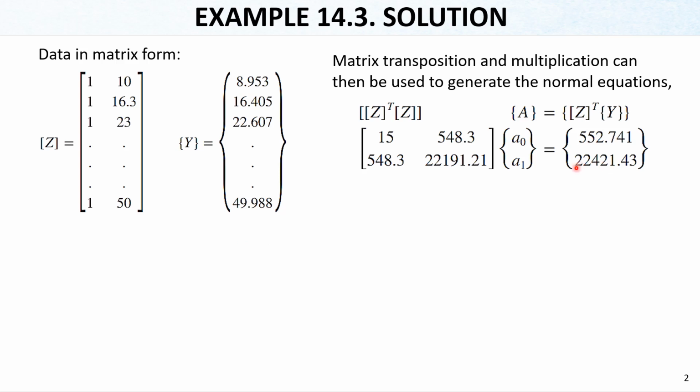When you multiply them, you will obtain these two only. Because this is a two-row matrix, when you have the transpose, you multiply the first row with Y to obtain this, and the second row and Y again to obtain this. You can do the calculations by yourself and you will see that you will get these matrices.